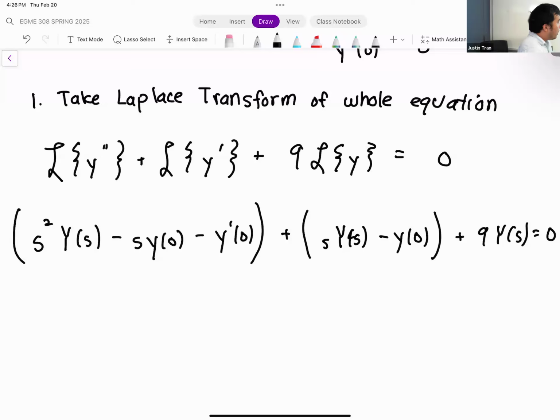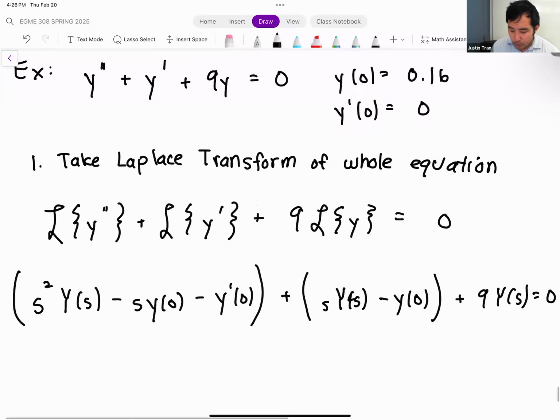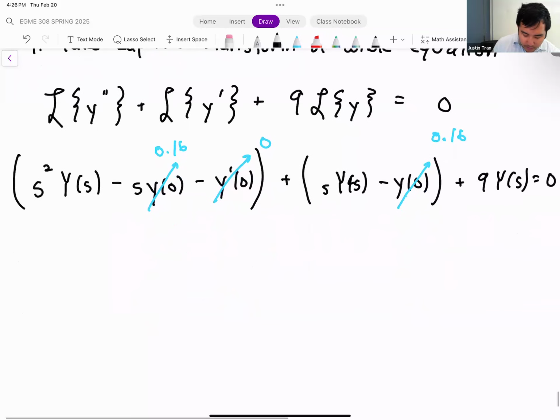Okay, so let's go ahead and plug in all of the initial conditions here. The first one, y prime of 0, is equal to 0. And then for y of 0, we have an oddly specific decimal, which is 0.16. Let's incorporate all of those.